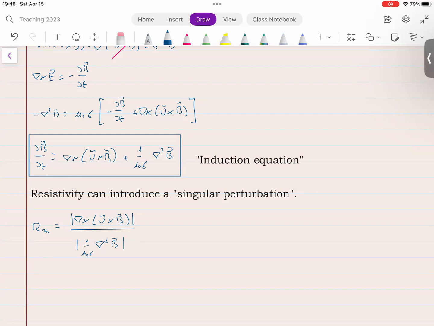All I've done obviously is take the ratio of the two terms on the right hand side.